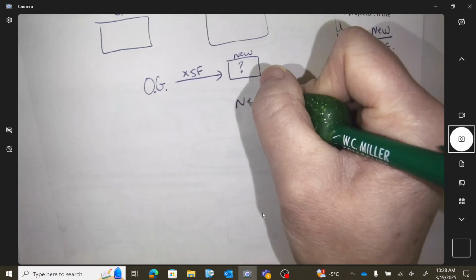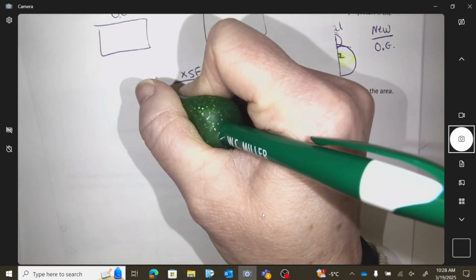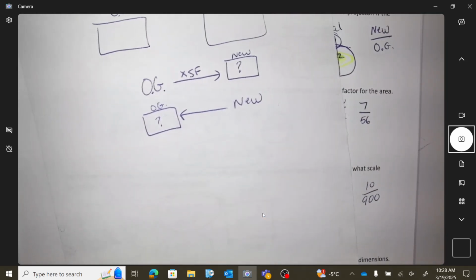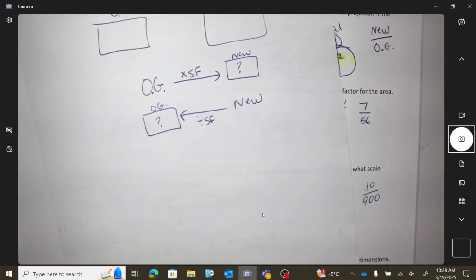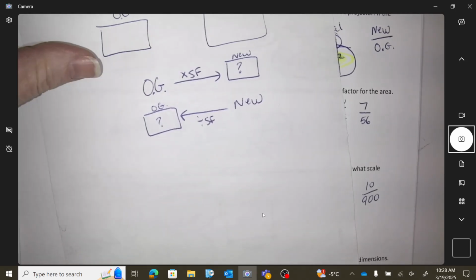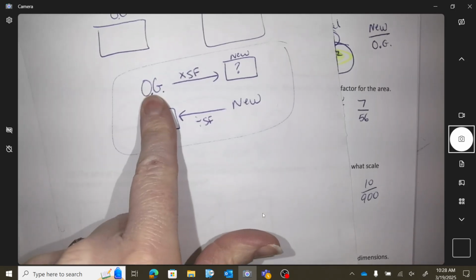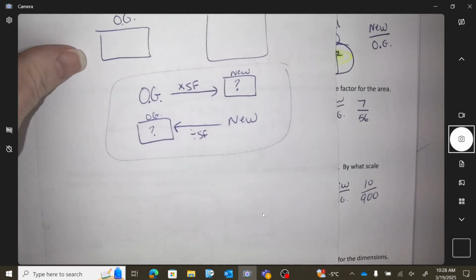If I had the new and wanted to know the original, what do you think I would do? How would I work backwards? Divide by the scale factor. So that's great to have on your cheat sheet. Does that make sense if you draw it out like that? The original times the scale factor gets the new.